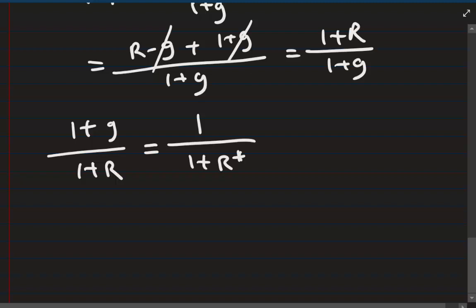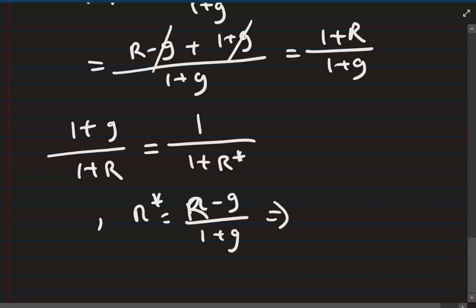So in terms of R star, also note that R star is R minus G divided by, this is R, not A, 1 plus G. That means R minus G is equal to R star times 1 plus G. So let's write down our formula again.